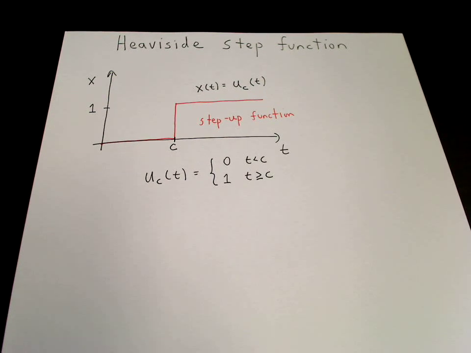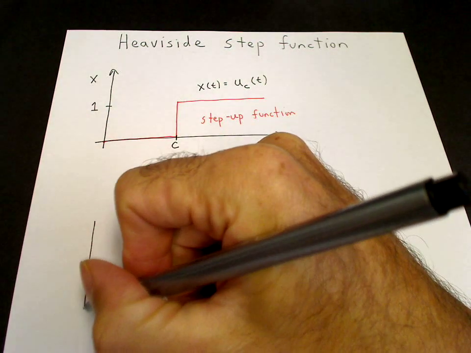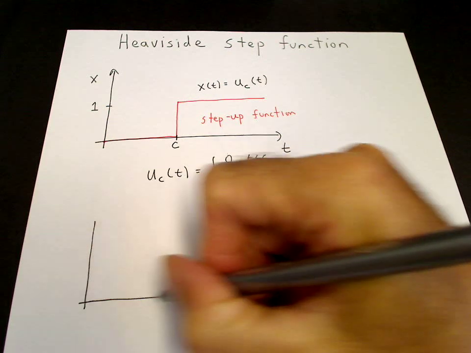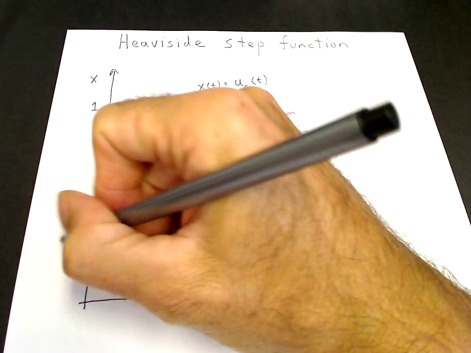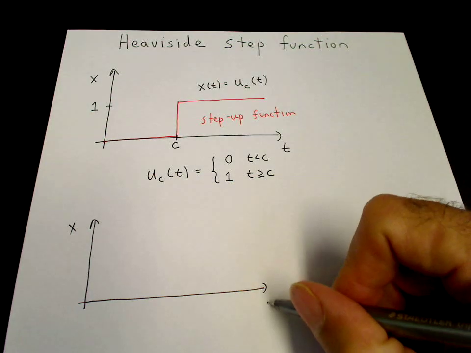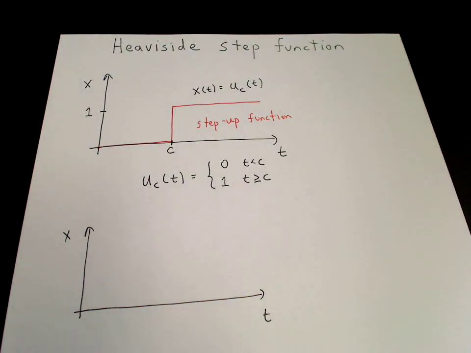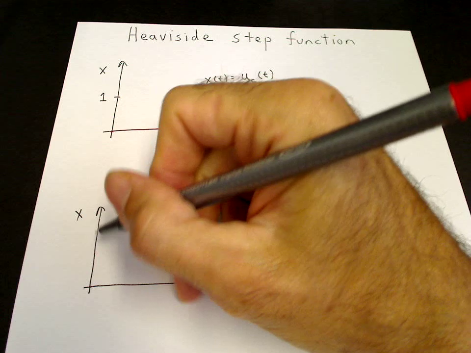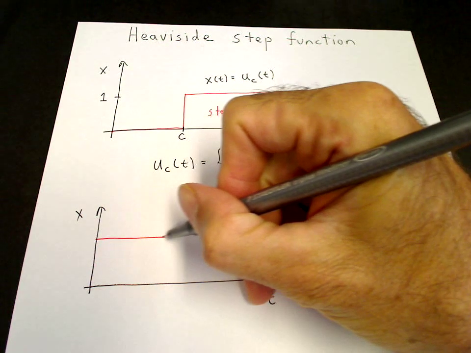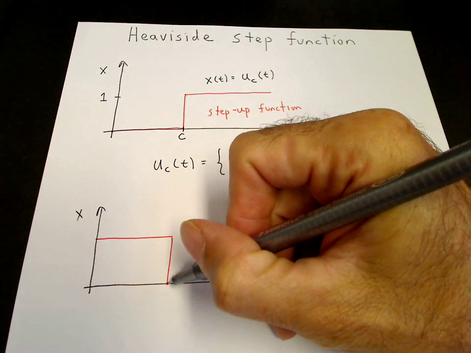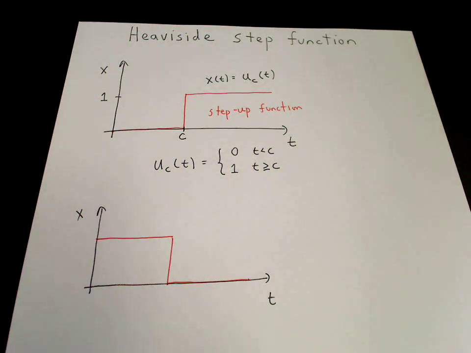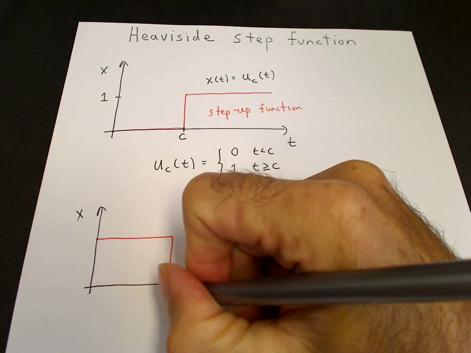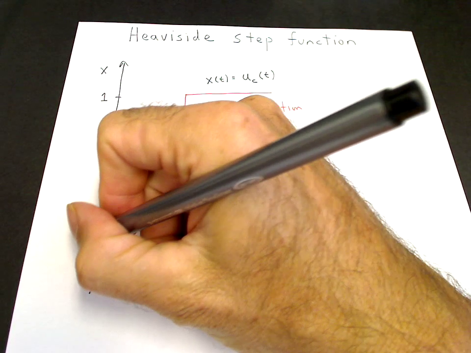We can also have a step down function. So the picture of the step down function will look like a function which is 1 and then steps down to 0. Again, this is occurring at c, and this is 1.